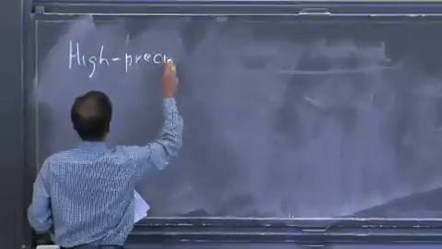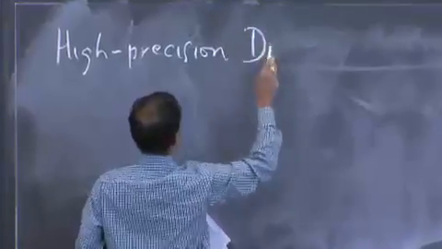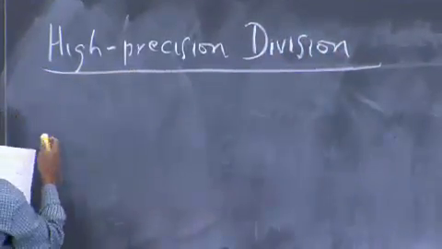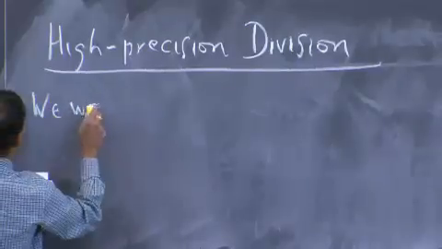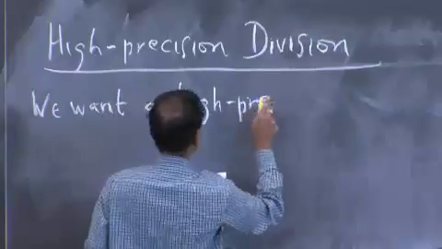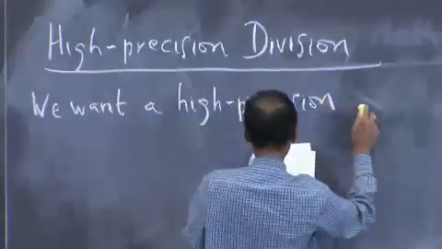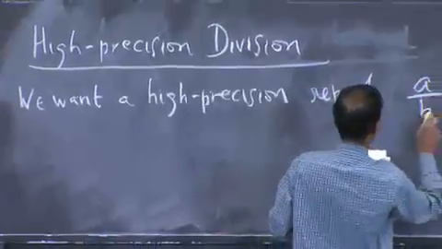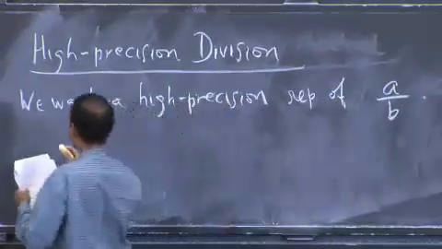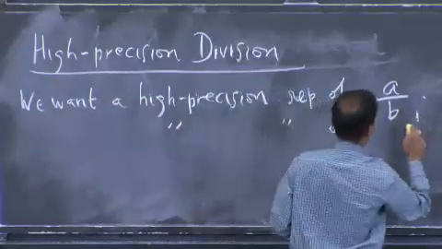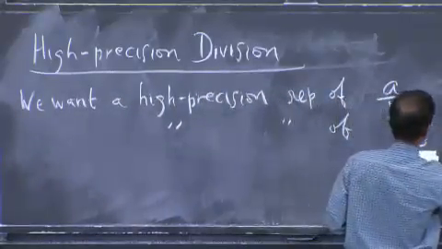So finally, high precision division. So we want a high precision rep of A divided by B, and we're going to compute a high precision rep of 1 divided by B first.